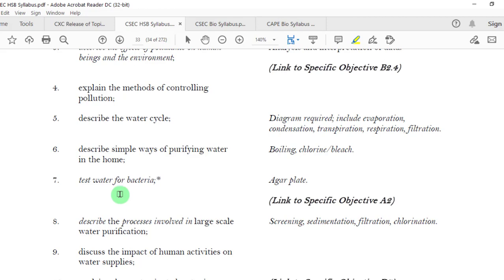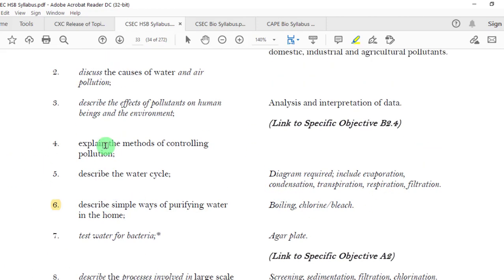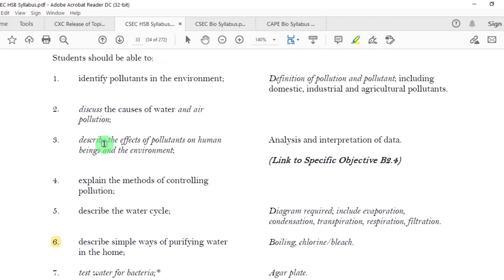So in that case, I would start around here, right? Because boiling, all of that has to do with getting rid of pathogens, removing infectious agents. Pollution wouldn't really do that. Pollution more has to do with the impact on occupational health, environmental health, right?